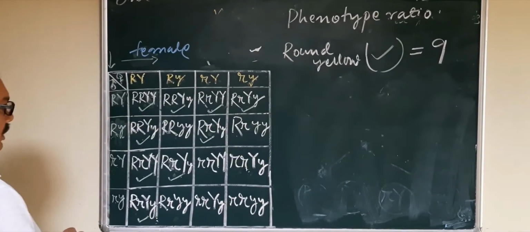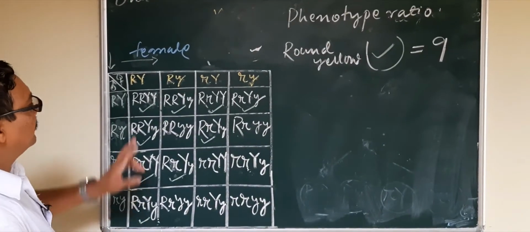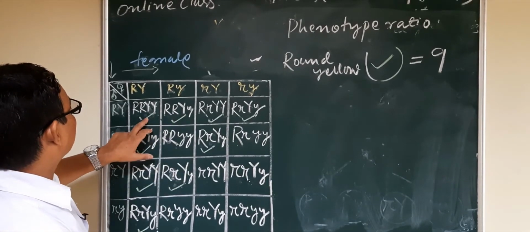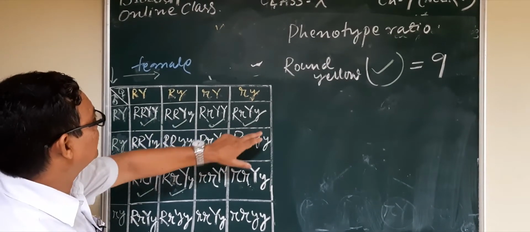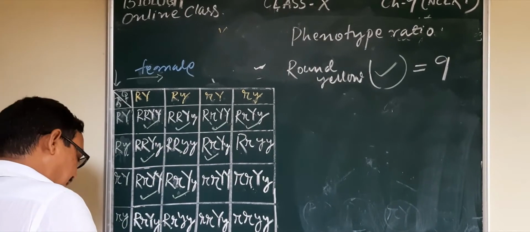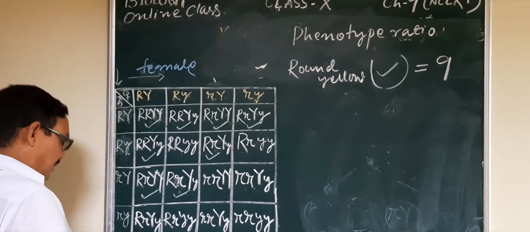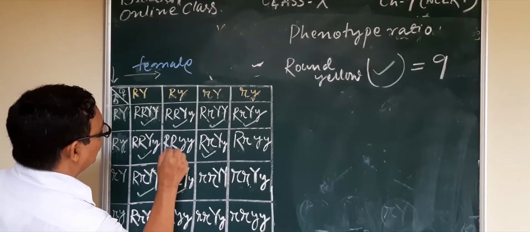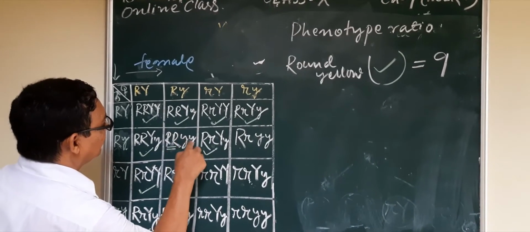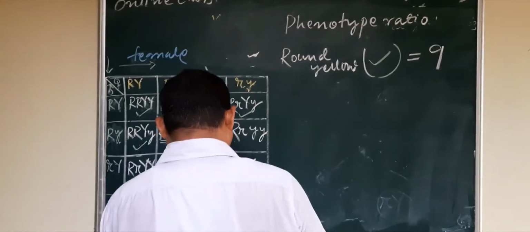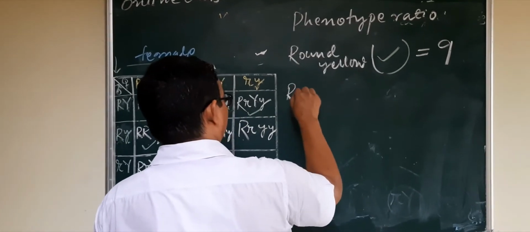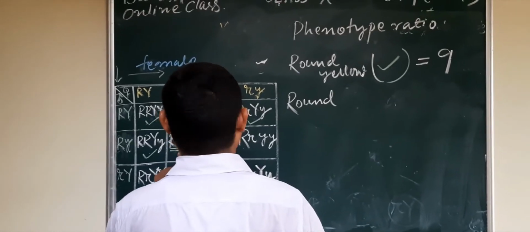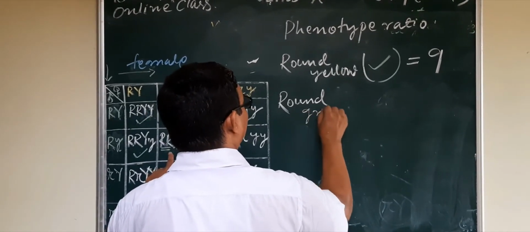Now the one we have already chosen is left out. Now see what the trait is: it is round and this one is green. That means now we write the second trait, round green.